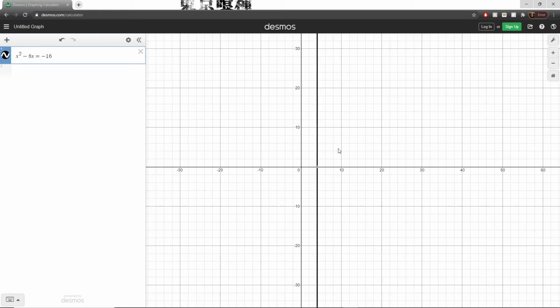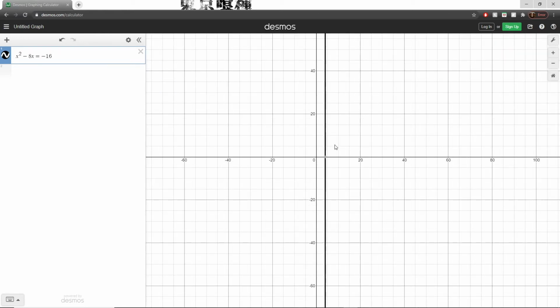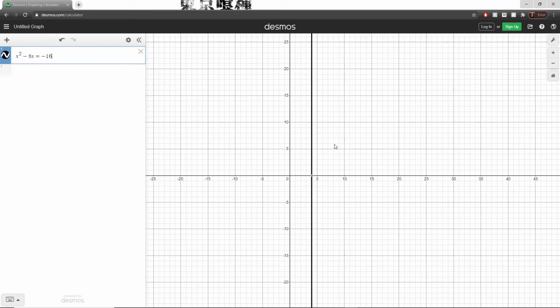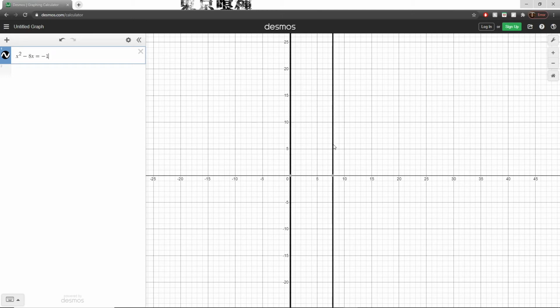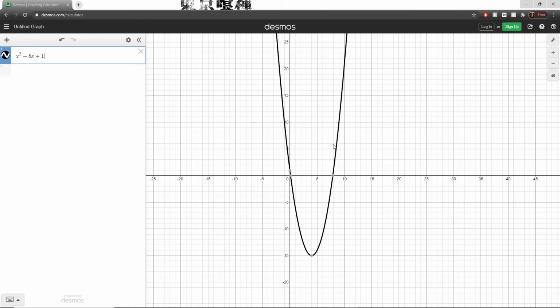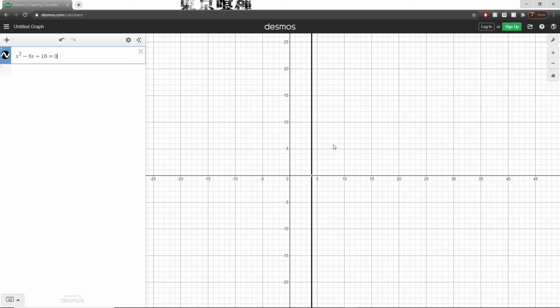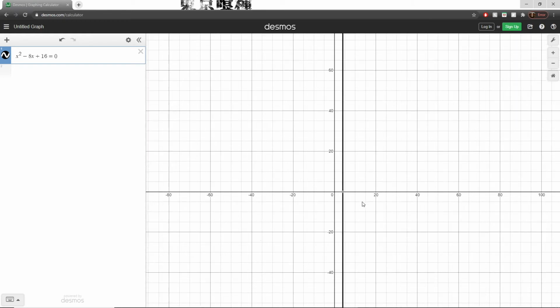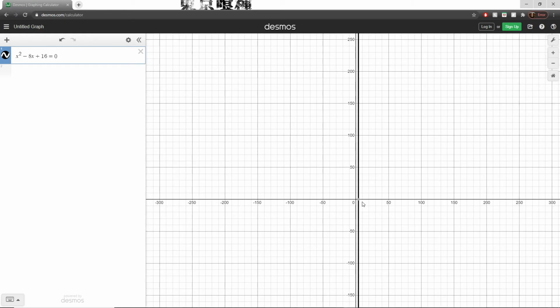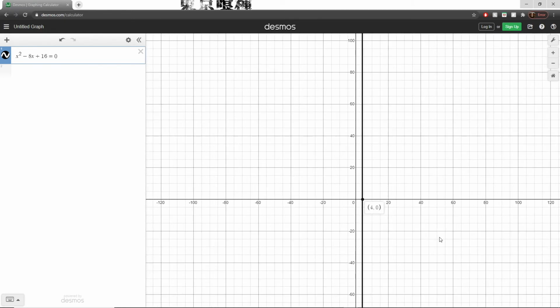You do not always have to put this equal to 0. Could I have? Yeah, I could look in here and say plus 16 equals 0. I still get the same thing. This only crosses it once, which is at 4. And I could get this by scrolling out more and more. So I see this as a 4.